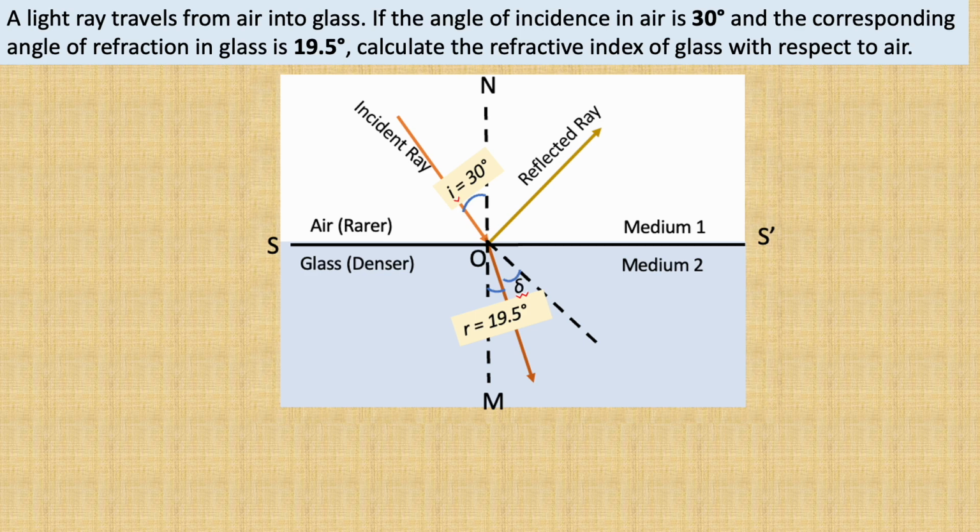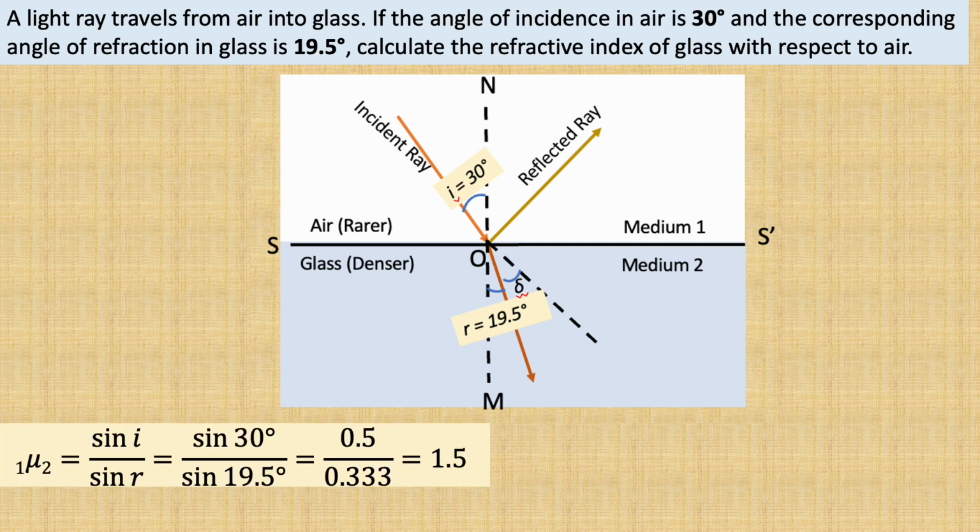We can substitute appropriate values. Sine 30 divided by sine 19.5 is equal to 0.5 divided by 0.333, which is equal to 1.5. So the refractive index of glass with respect to air is equal to 1.5.